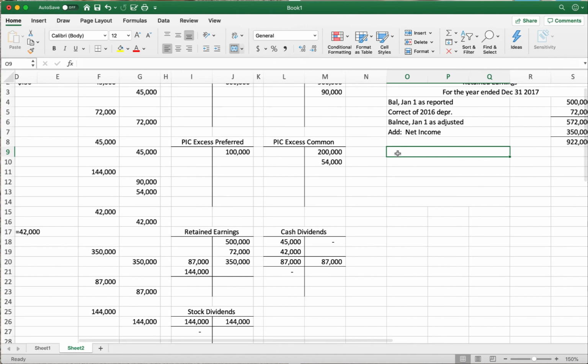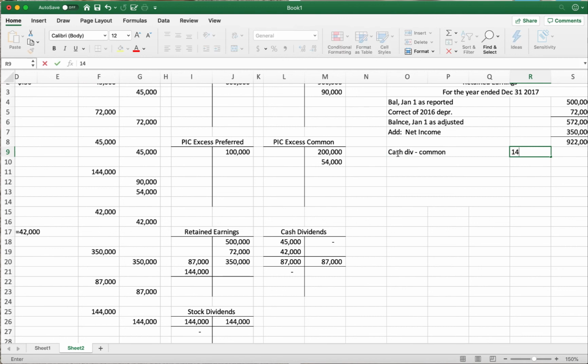So the first dividend we had was a cash dividend on our common, and that cash dividend on the common was $45,000, right?